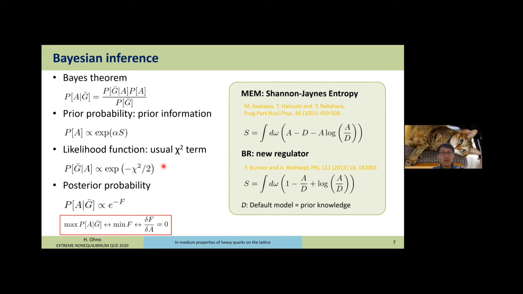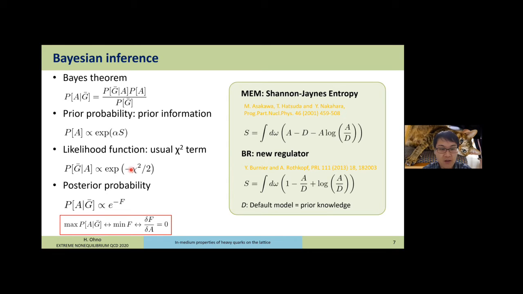There are different types of this S to introduce the prior probability. The most commonly used type is the Shannon-Jaynes entropy, which corresponds to the maximum entropy method, and it is given by this form. Recently, another type of entropy has been introduced like this.